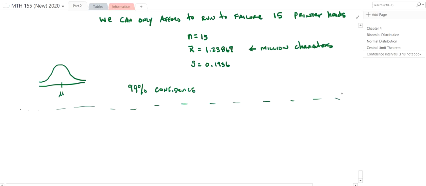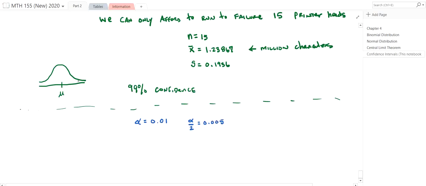So let's start out. One of the first things I do in these problems is figure out what alpha is. So alpha here is, see if you can guess it, maybe pause, 0.01. Then alpha over 2 equals half of that, 0.005.